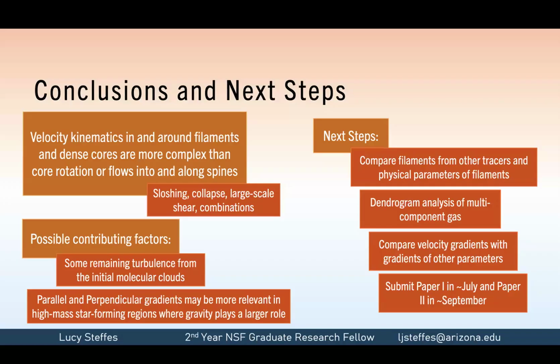That was what I pointed out with the filaments. But this does also suggest that we have some other behavior that is more dominant in the cores and filaments, perhaps sloshing, collapse, large-scale shears, or some combination of these different kinematic behaviors.